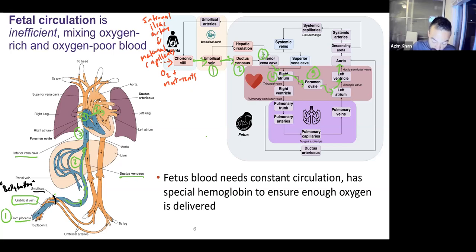Or we could also bypass pulmonary circulation by going to the right ventricle. Let me use a different color. Right ventricle, pulmonary trunk. Instead of going to the pulmonary arteries, we go to the ductus arteriosus, to the aorta. So that's in our diagram. Let me clear this up. That would be right here. I should use a different color.